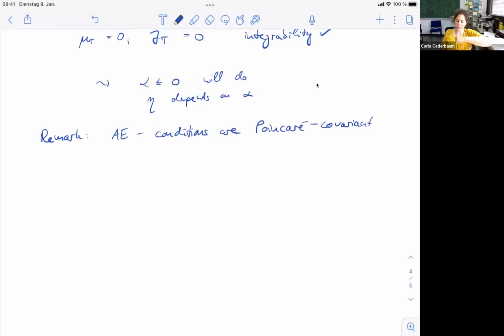If you have an asymptotically Minkowskian spacetime and you start with some asymptotically Euclidean initial data set and you evolve it in time with lapse and shift decaying to those of time translation in Minkowski spacetime, then they are preserved. And also, if you translate or rotate coordinates on your initial data set, so if you do some Euclidean motion on your coordinates, then also these conditions are preserved. So they're Poincare covariant or invariant.